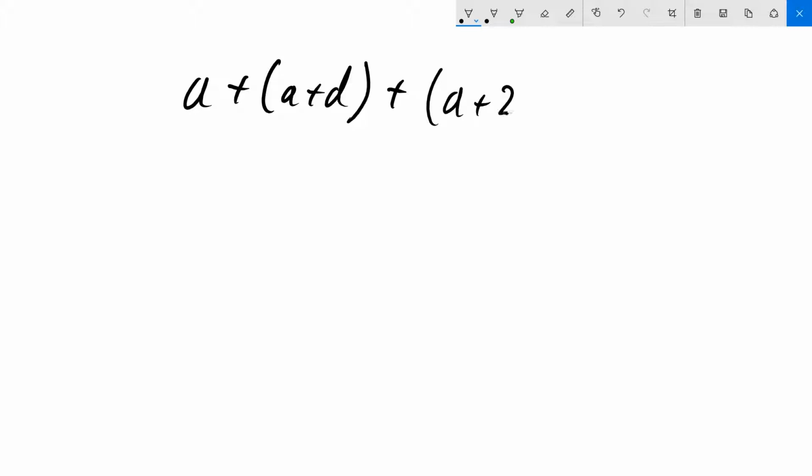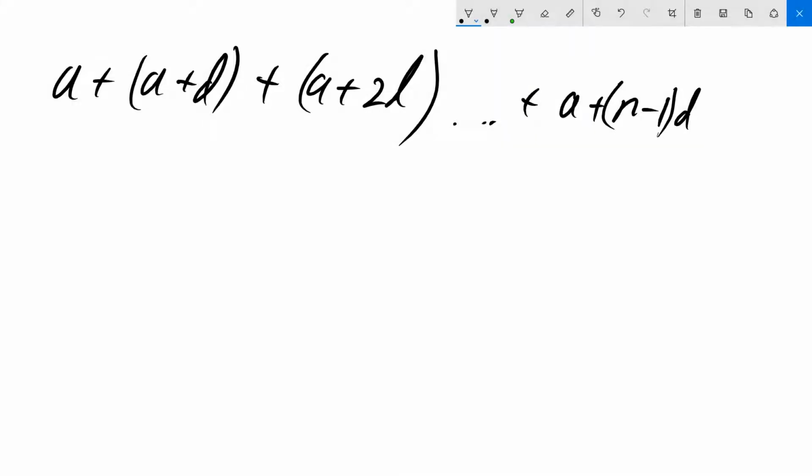So, what we do, we're just going to have our normal sequence, and we're going to sum them like this. Then there's going to be an a plus n minus 2 lots of d. So here's the sequence that we're just using d with.